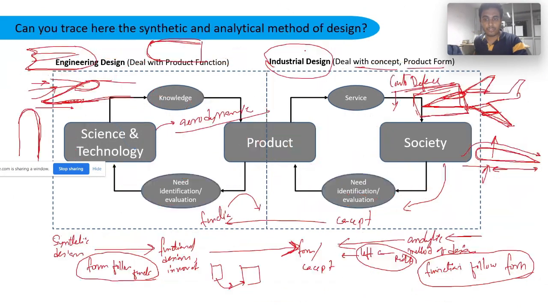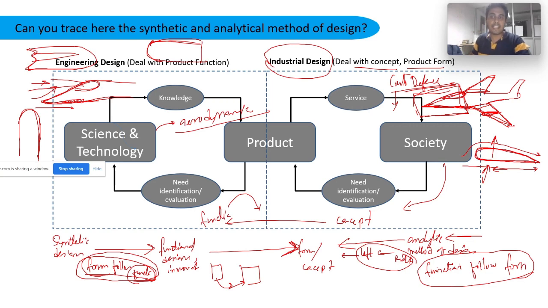Yes, I'm able to recall that, sir. Yes, so here I just tried to give you the example where form follows function. You define a function and then based on the functionalities you define the form. Like the wings of an aircraft: there are aerodynamics as well as other factors.